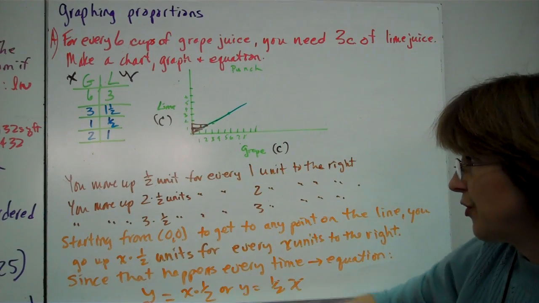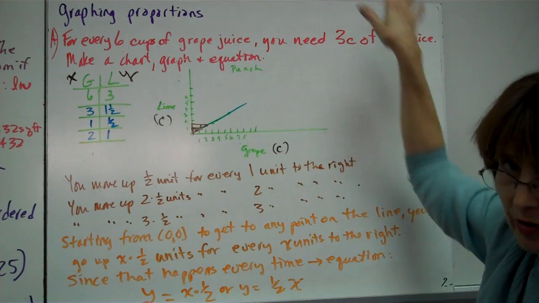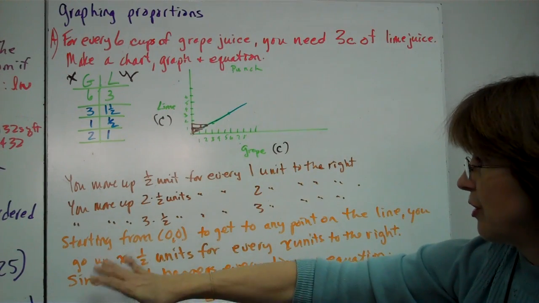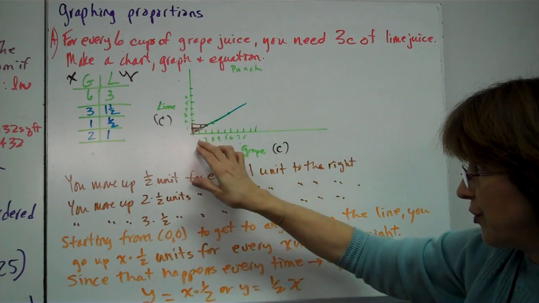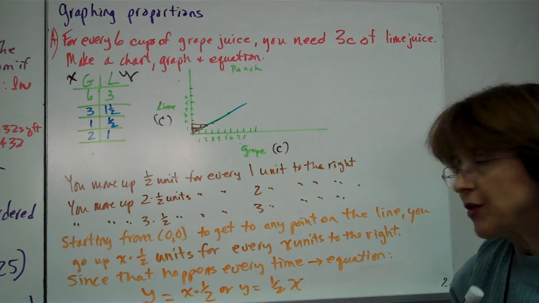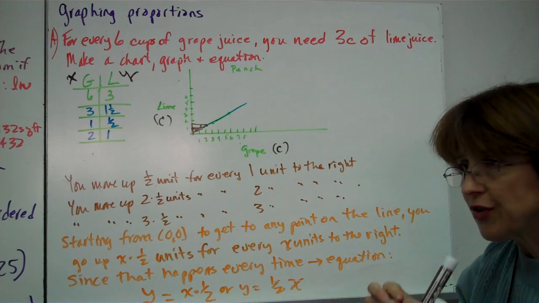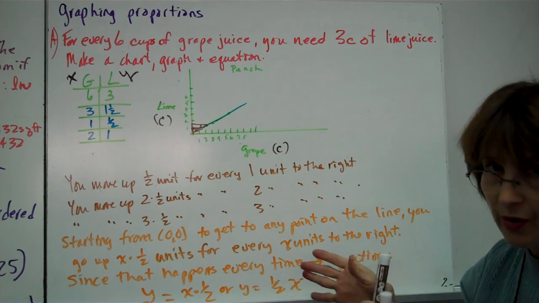So when you start from 0, 0, to get to any point on the line, which represents the grape juice to lime juice ratio, or proportion, however you want to say it, you go up x times a half units for every x units to the right. Since that happens every time, we can make it into an equation, because an equation is just something that happens all the time. 2 plus 2 always equals 4, okay?